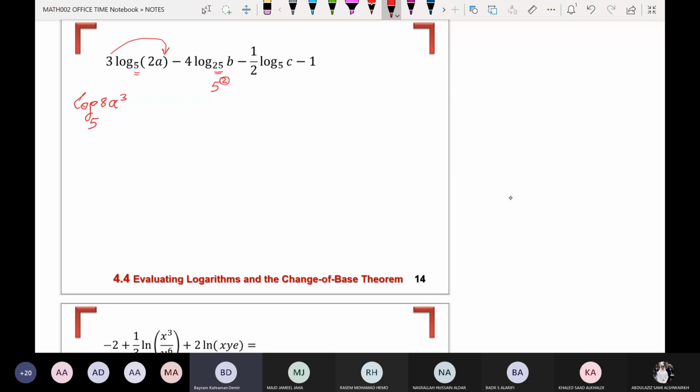This is already clear. Minus, so instead of 4, I will have 2 here, so 2 times logarithm of b base 5. Perfect. And then minus 1 over 2 logarithm of c base 5, and there is minus 1, which is logarithm of 5 base 5.